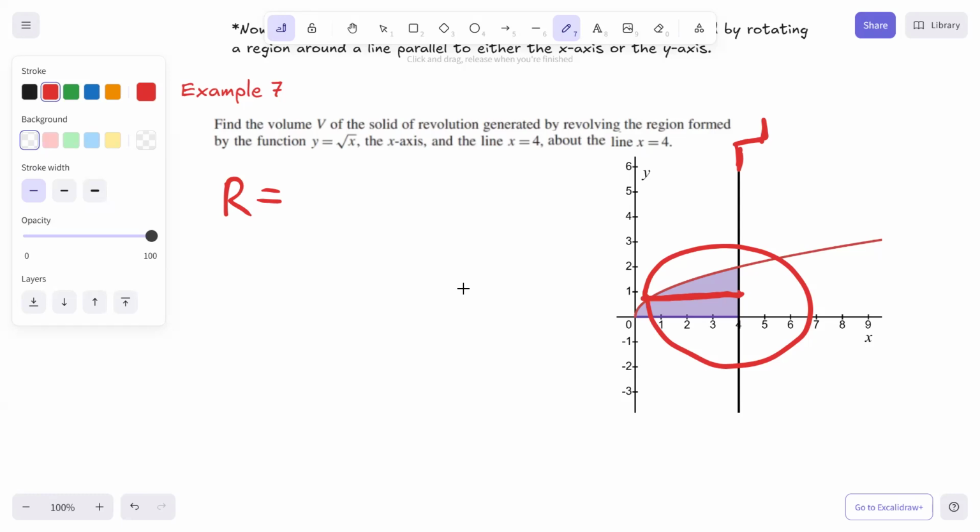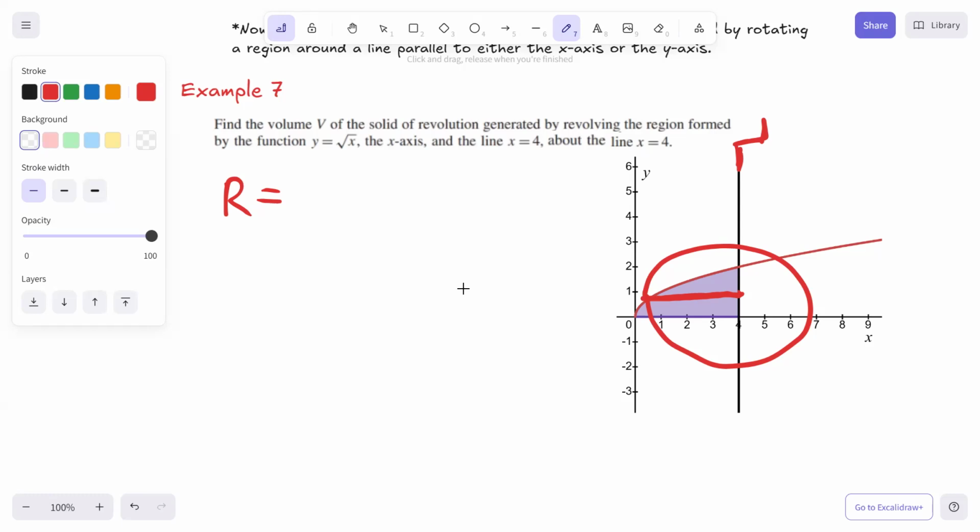Now, the radius of this disk is given by, in this case, we have to think of the right boundary minus the left boundary. And typically that's going to be what you're going to do whenever you have a vertical axis of rotation. If it was a horizontal axis of rotation, you would just do top minus bottom.